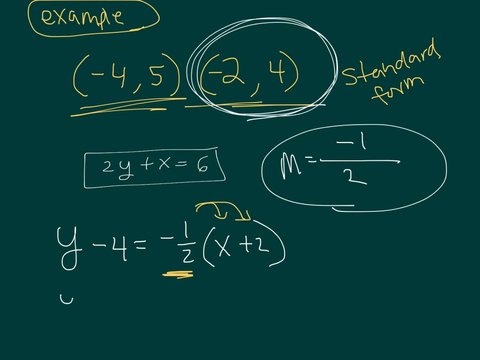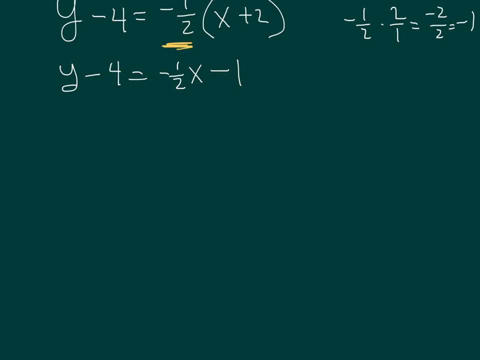And this might be tricky for some of you. And if it's hard for you, then you should be practicing some operations with fractions. But just remember, if I'm multiplying negative 1/2 with 2 over 1, it's just negative 2 over 2, which is the same thing as saying negative 1. Finally, I'm going to add 4 to both sides, and I'm going to end up with y equals negative 1/2 x plus 3. So hopefully you were able to get to this spot.